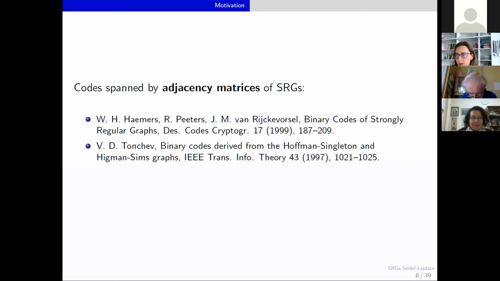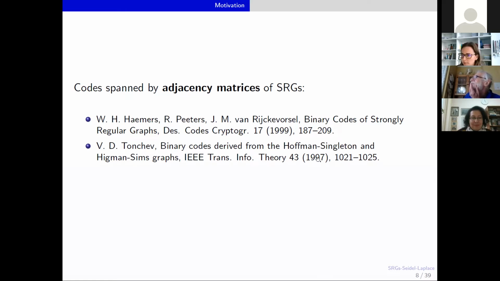You can find these two very nice papers in which the authors were interested in codes spanned by adjacency matrices of strongly regular graphs.